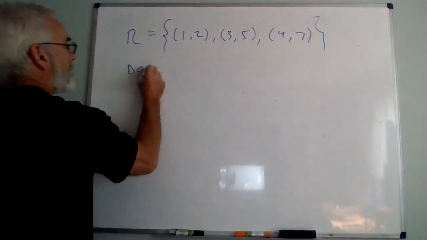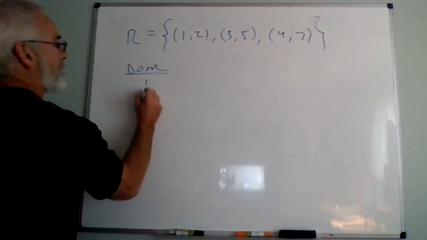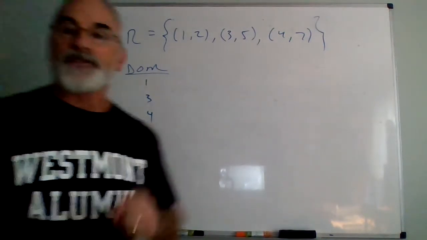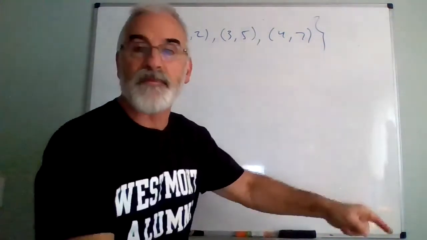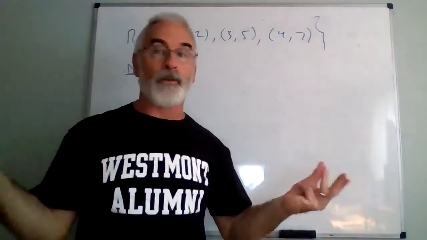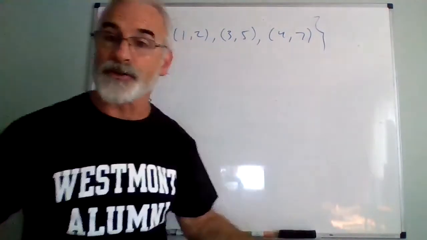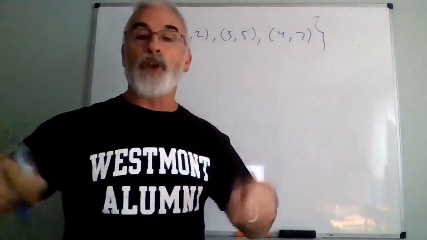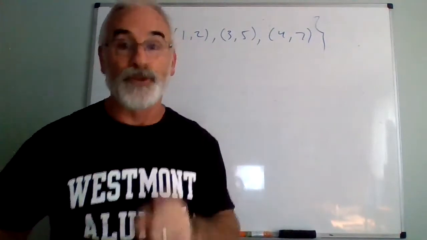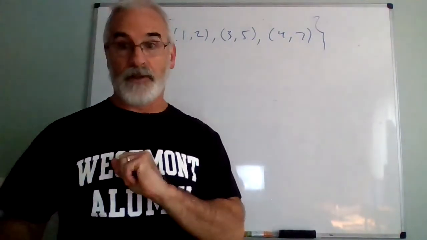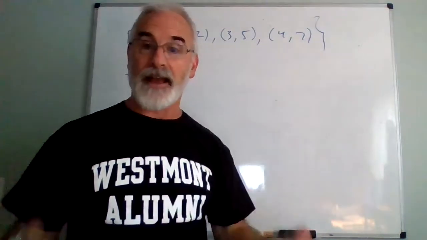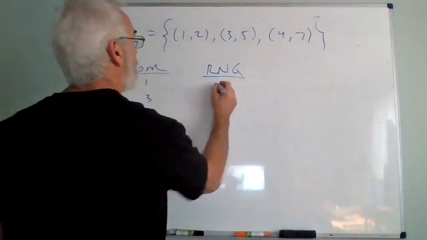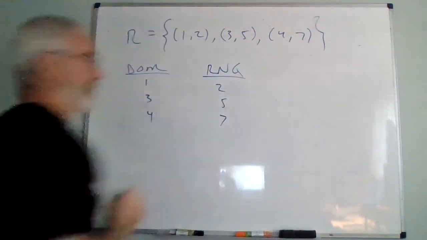In this case, I'm just going to write them down, not in set form. Because I didn't tell you what the Cartesian product was, or what the original A and B are, you don't know what the codomain is, but you do know what the range is. The range is the Y values that I actually use. So you can tell me the range, and it would be 2, 5, 7.